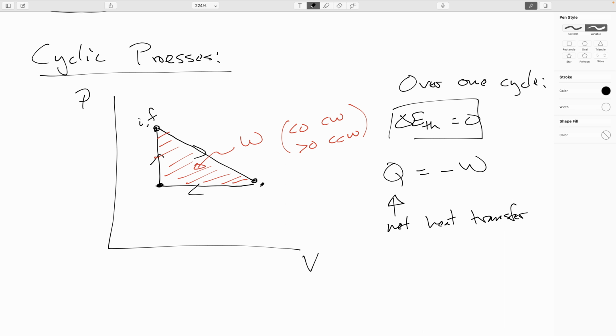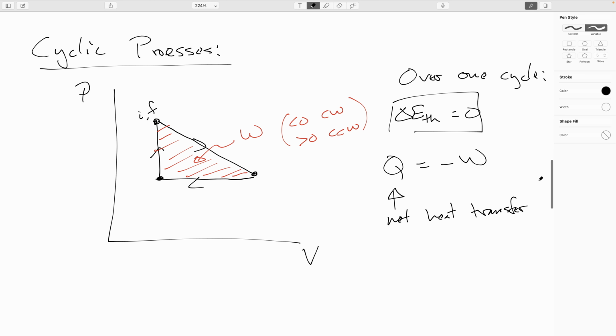The deal is over the complete cycle, the difference between what's transferred in and what's transferred out is going to be something other than zero. And that difference will be what gives us the useful work if this is a heat engine.